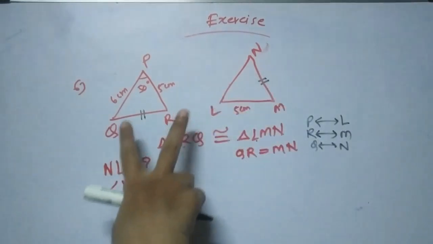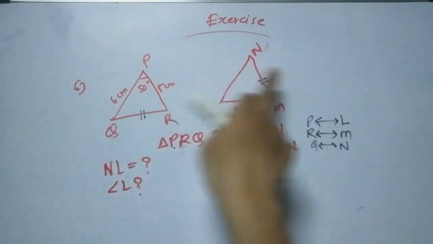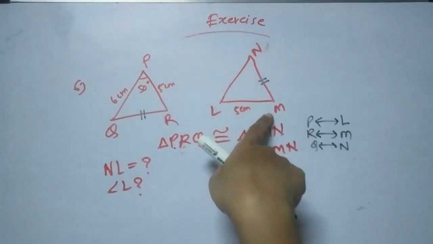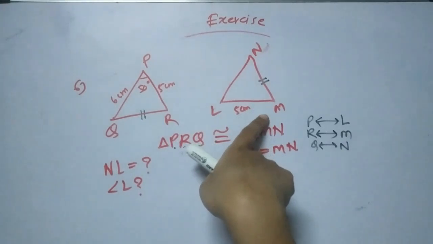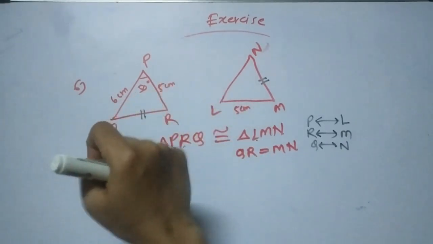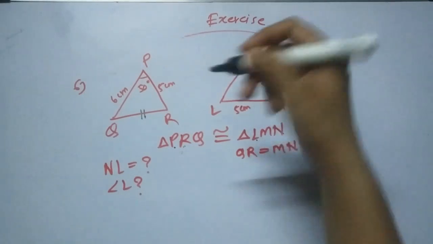Okay friends, this and this side are equal, and the remaining LM is 5 centimeters. So RP is also 5 centimeters. That is already given.